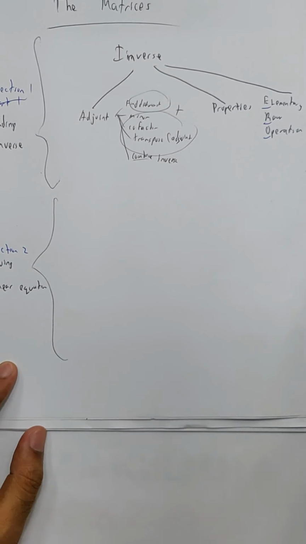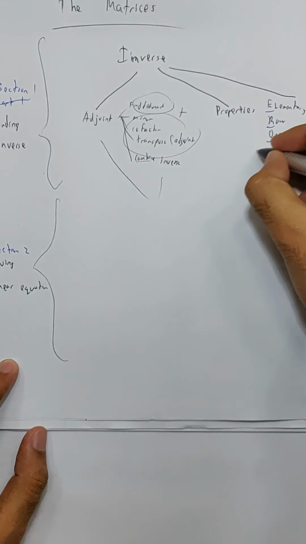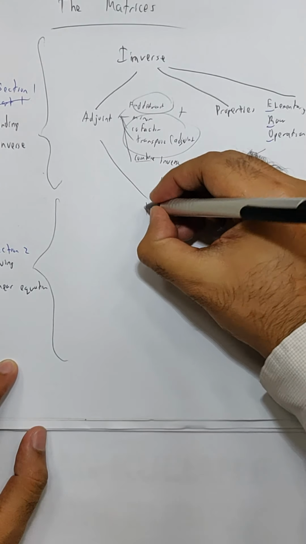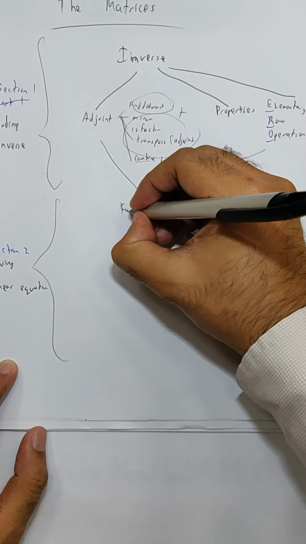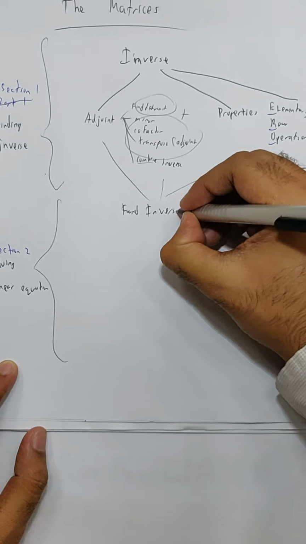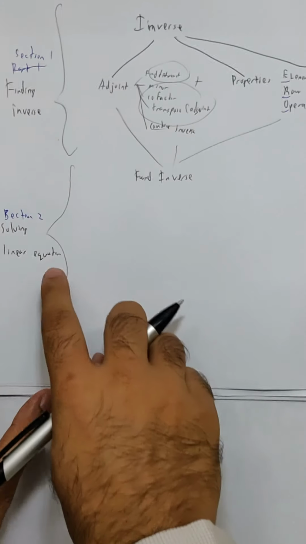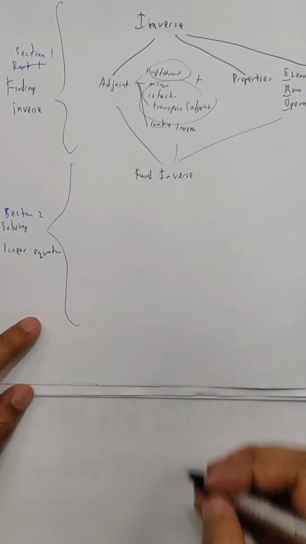Okay, by using these three methods, you got yourself your inverse. And sometimes you will be given a question on how to solve the linear equation. They give you x, y, and z.